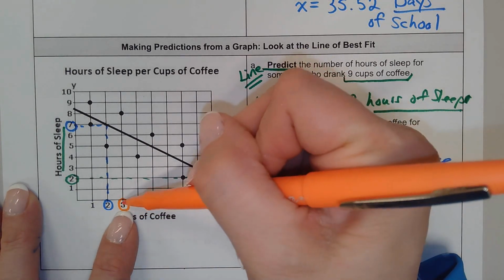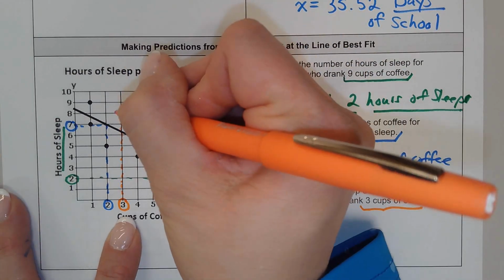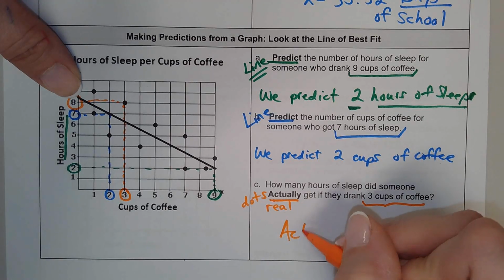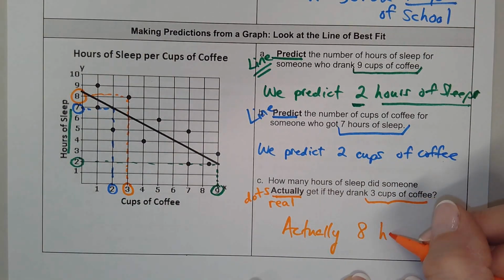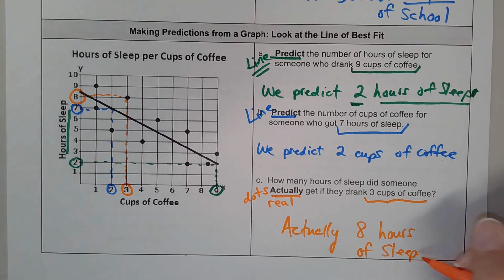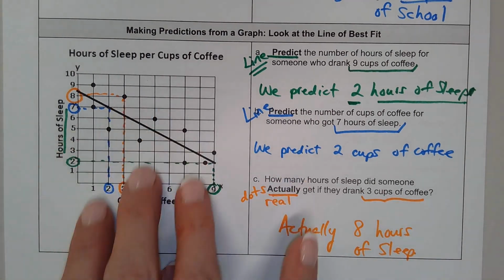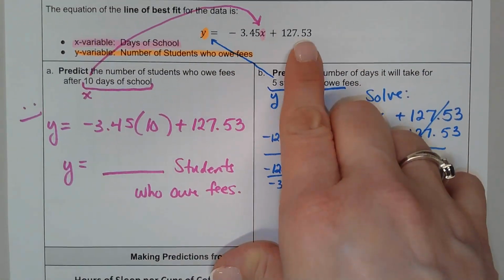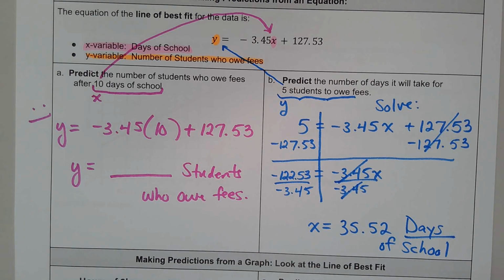We're going to go to the data point. Here's the data point. So how many hours of sleep did they actually get? Actually, they got 8 hours of sleep. So the predictions are a lot more fun when you use the graph, but a lot of times you'll have to use the equation because the graph isn't easy to read, okay, if it's in the middle.